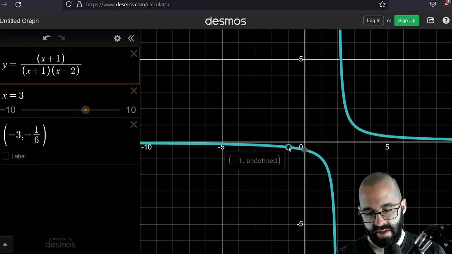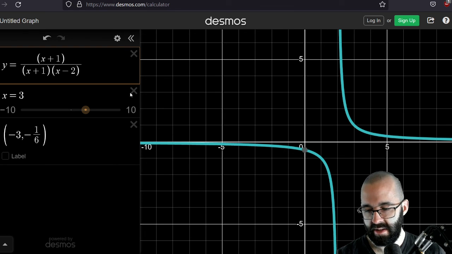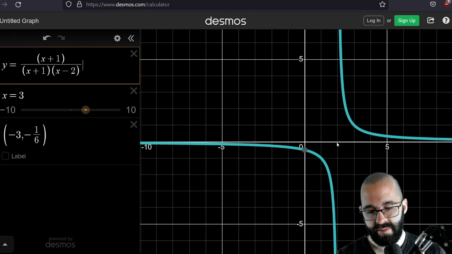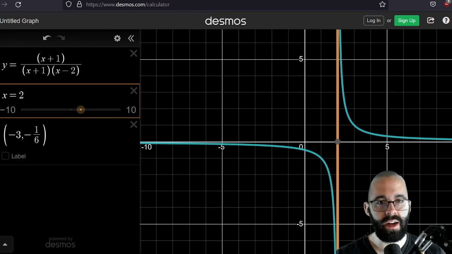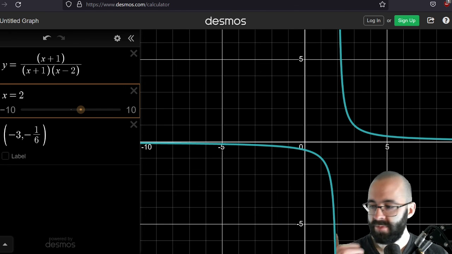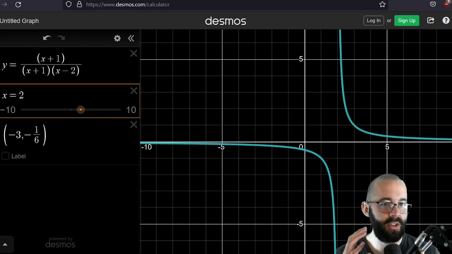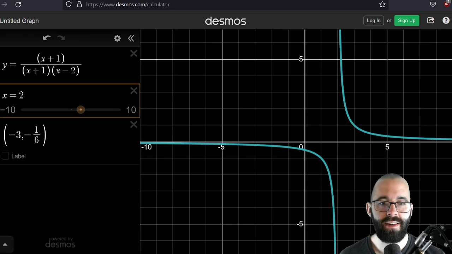If you look at -1, yep, removable discontinuity. And there should be a vertical asymptote at x equals 2. And yep, there's indeed a vertical asymptote right here. There we go. That's how the domain, the vertical asymptotes, and removable discontinuities are all connected. Let me know if you have any questions, and good luck.